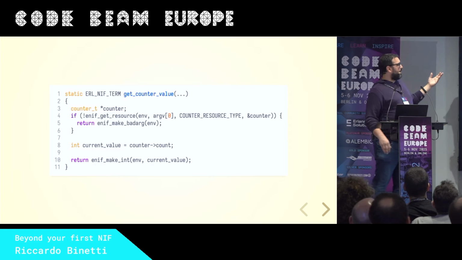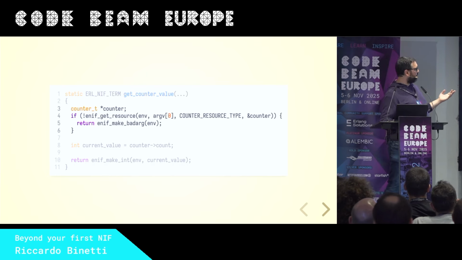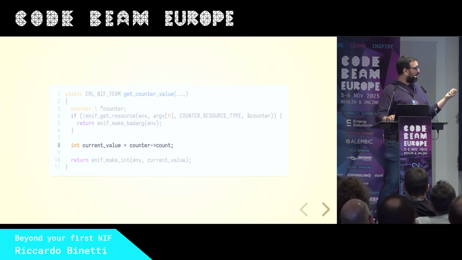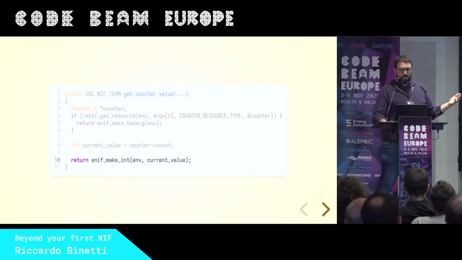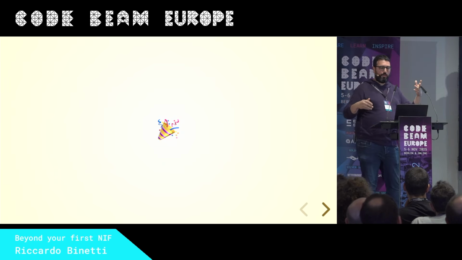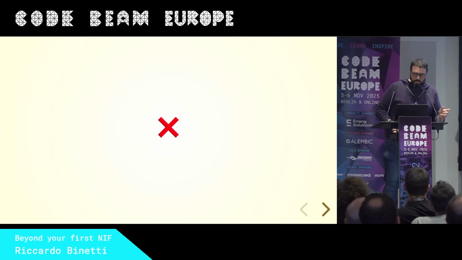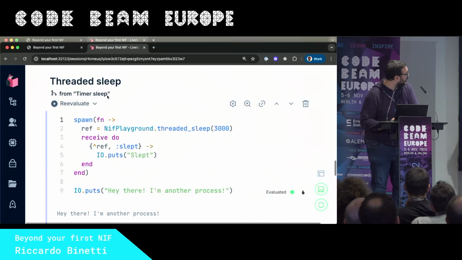And then we have get counter value, which basically does the same. So it extracts the resource, it extracts the value from the count this time, and it returns the value. So everything is fine, right? So we have a shared counter, we can pass it around. Wrong. So why is this not fine?